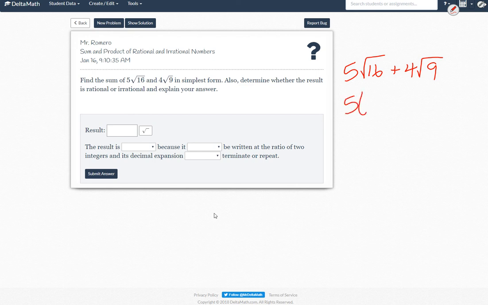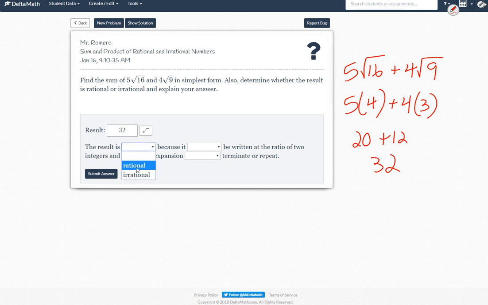So this is 5 times 4, just like it was on the other one. What's the square root of 9? 3. So this is just 20 plus 12, which is 32. 32 is rational because there's no more square root. So it can and does.